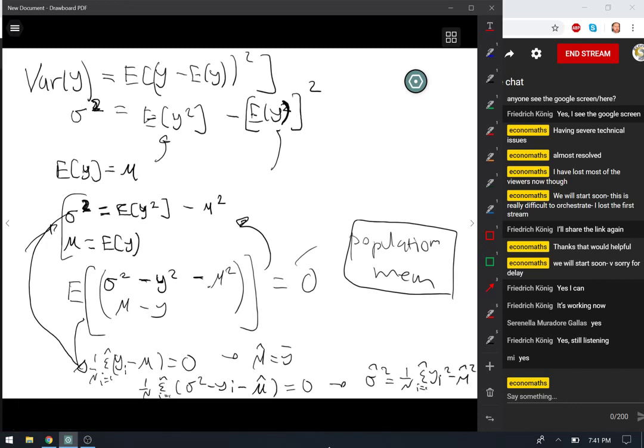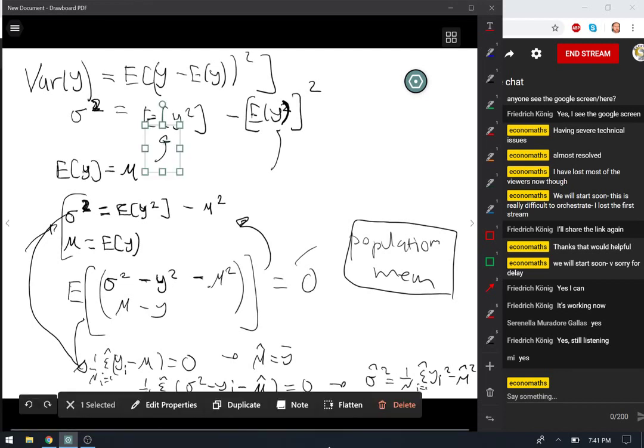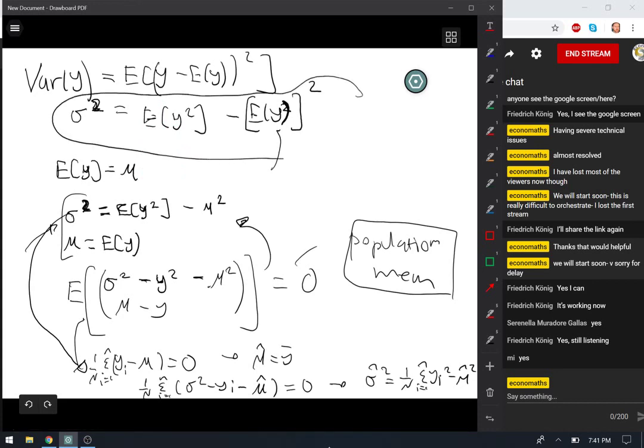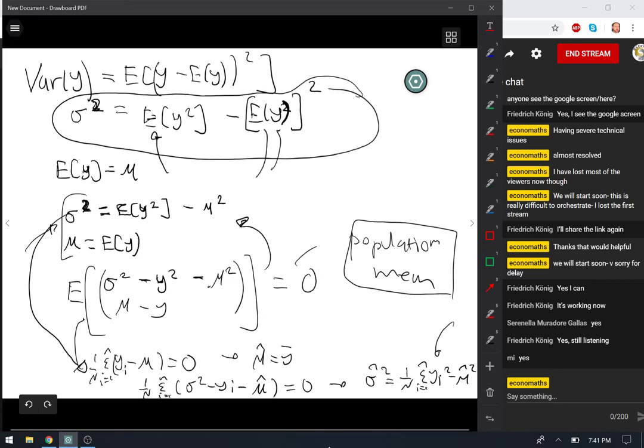This is just a really long-winded way of saying the method of moments: we've got the population version, and we want to estimate this population variance sigma squared. Well, we replace the population average of y squared with its sample version, and we replace the population mean of y with its sample mean, mu hat, which is just y bar, and plug them in.